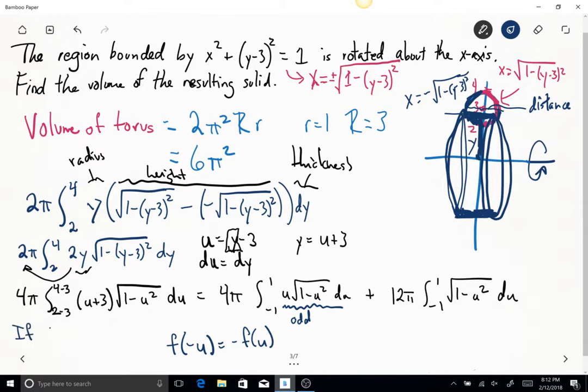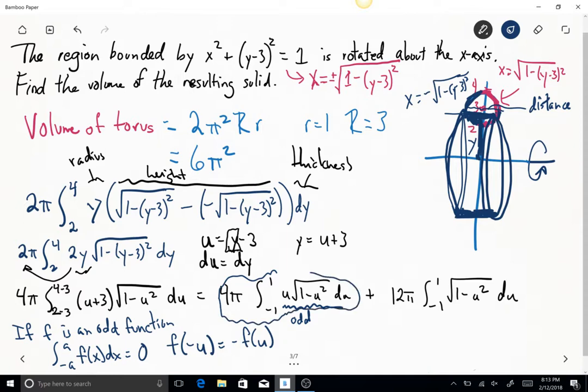If f is an odd function, and this is a beautiful result, the integral from negative a to a of f, it doesn't have to be x, it could be u, it could be whatever value it is, but if it's an odd function, that integral always equals 0. And so this whole shindig right here equals 0. Done. Don't even have to look at the antiderivative. Okay.